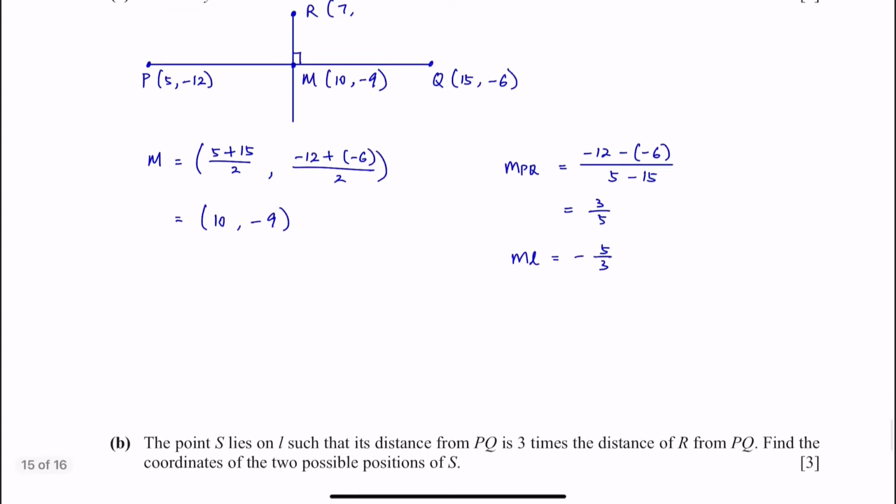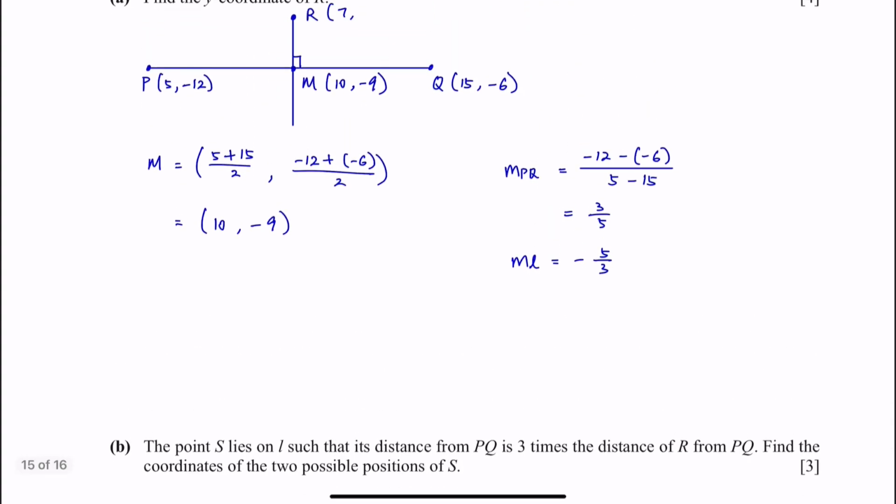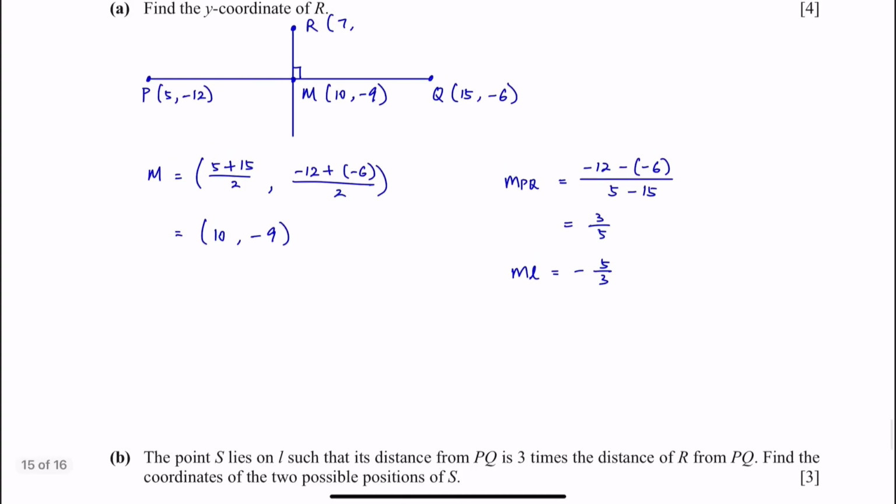So now we have the gradient and a point on the line L, and we can find the equation of line L. So we have y minus (-9) equals -5 over 3 times (x minus 10). So y would be equal to -5 over 3 x minus 23 over 3.